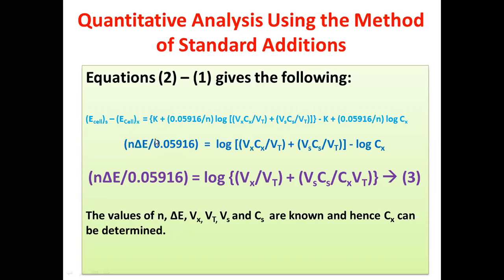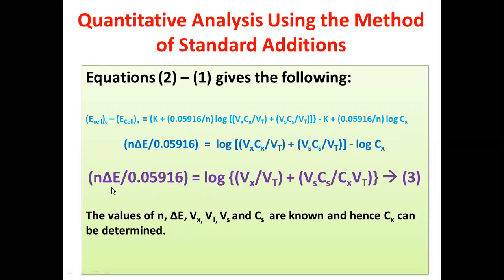So n into delta E divided by 0.05916 is equal to log of Vx into Cx divided by Vt plus Vs into Cs divided by Vt, minus log of Cx, where plus K and minus K will be getting cancelled. So this is left with only log Cx minus log Cx.